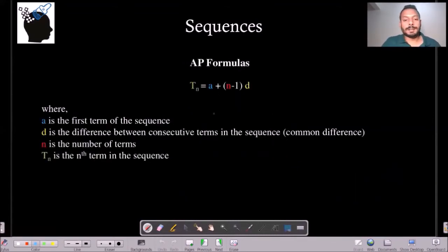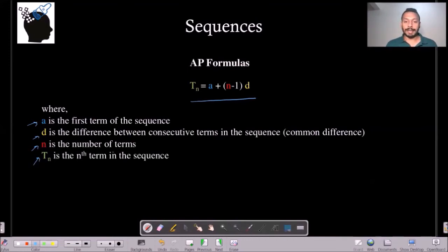So the formula is Tn is equal to A plus n minus 1 times D, where A is nothing but the first term of the sequence, D is the common difference or the difference between the consecutive terms, n is the number of terms, and Tn is nothing but the nth term of the sequence.